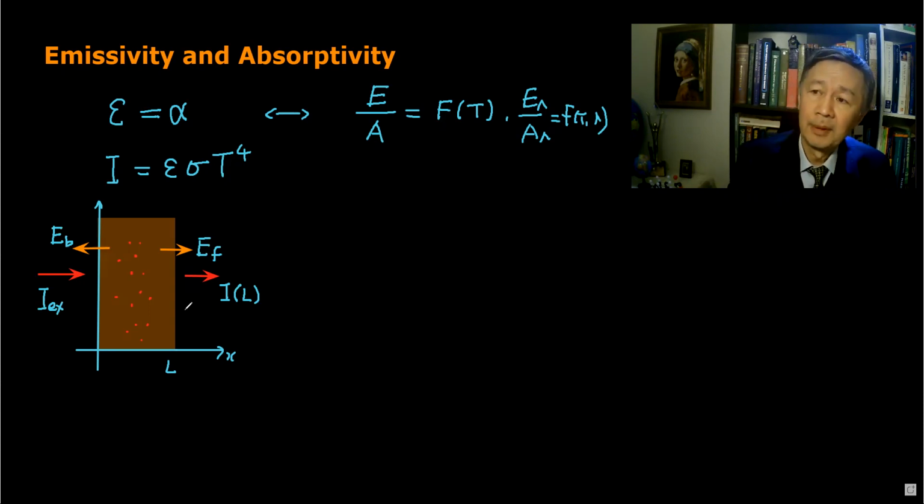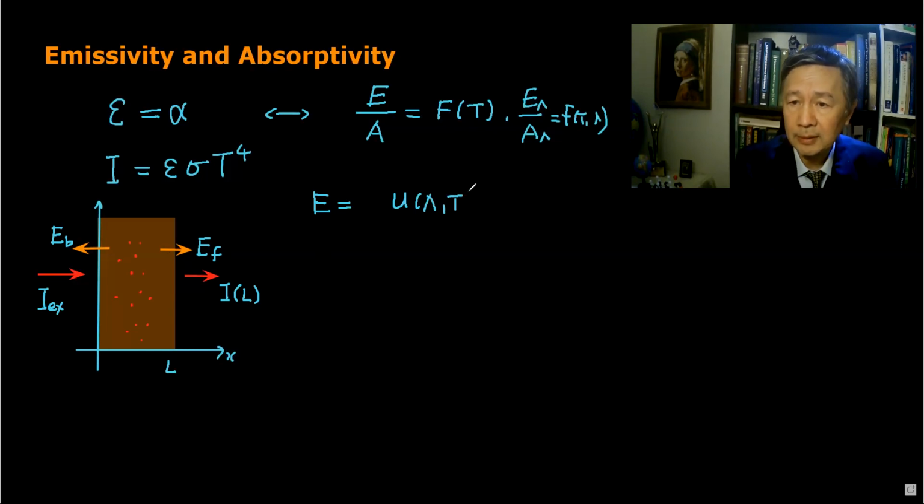In general, as we discussed before, if we want to work out emission, we have to rely on the Planck function, remember? The emission can be calculated by using the Planck function, U lambda T, for a black body.